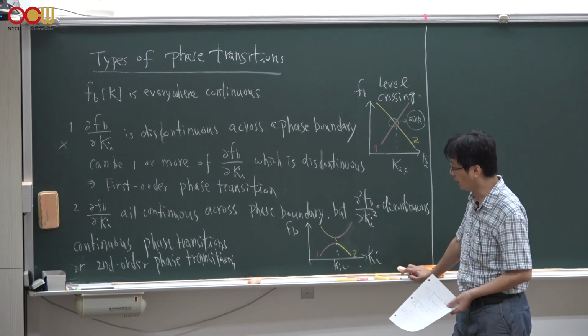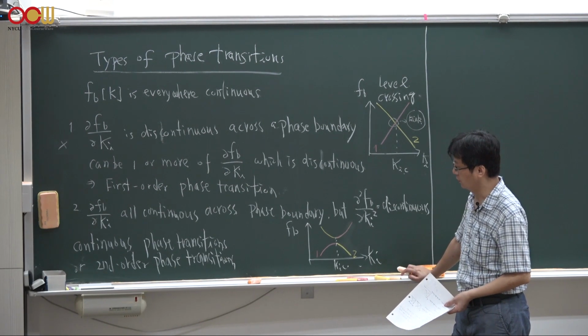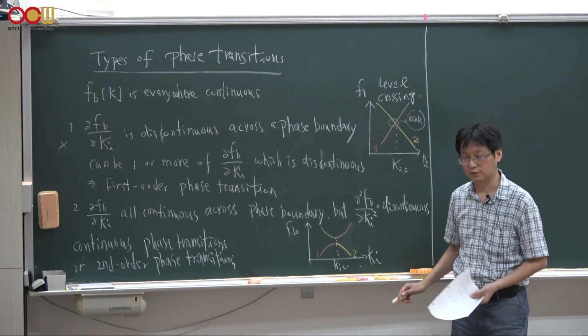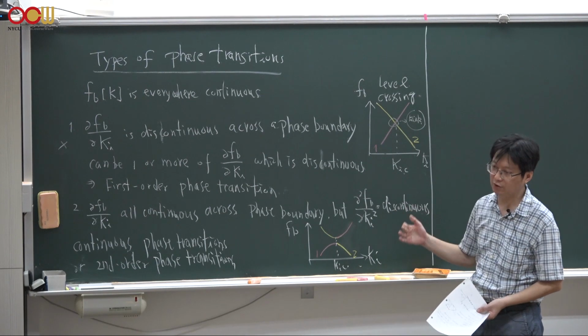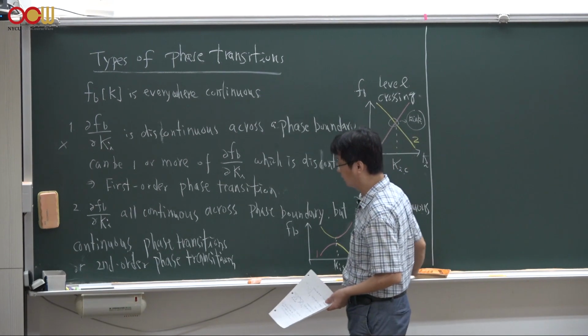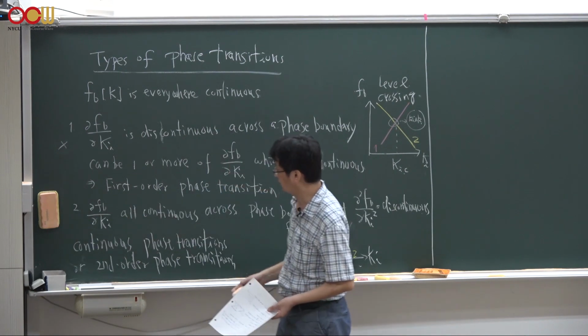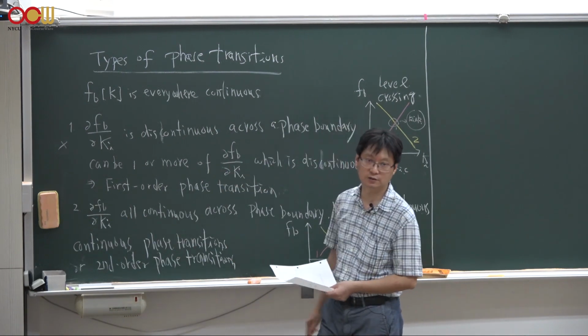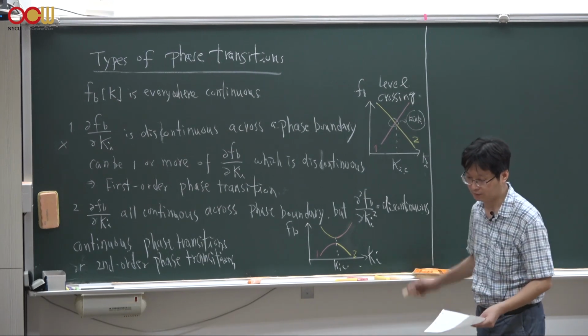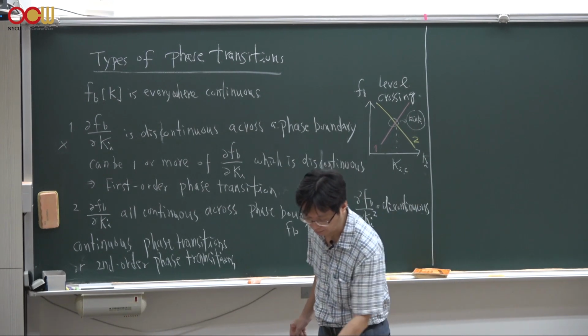So not all cases of the continuous phase transition have this jump in the second order derivative, but in some cases it shows a divergent singular behavior. But in all cases, the first order derivative of the free energy density with respect to the coupling constant is continuous. So we call this continuous phase transitions, to be more precise.